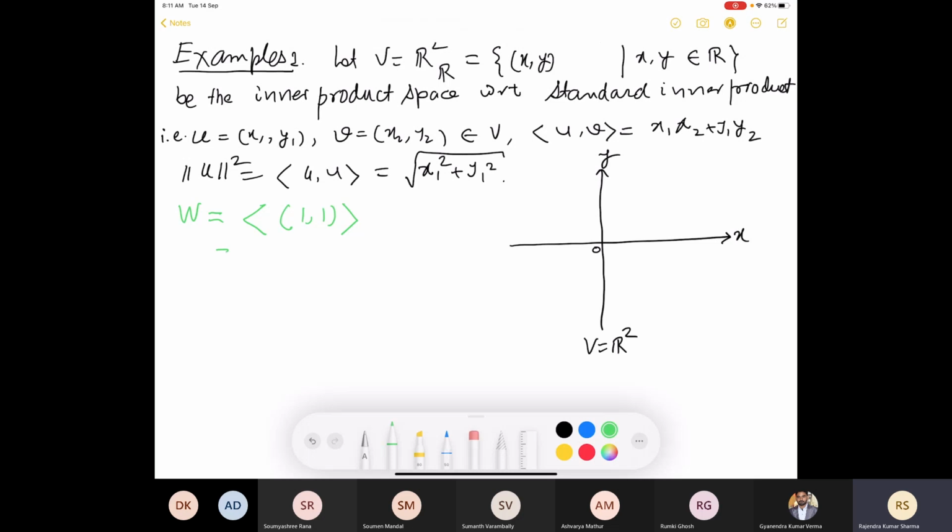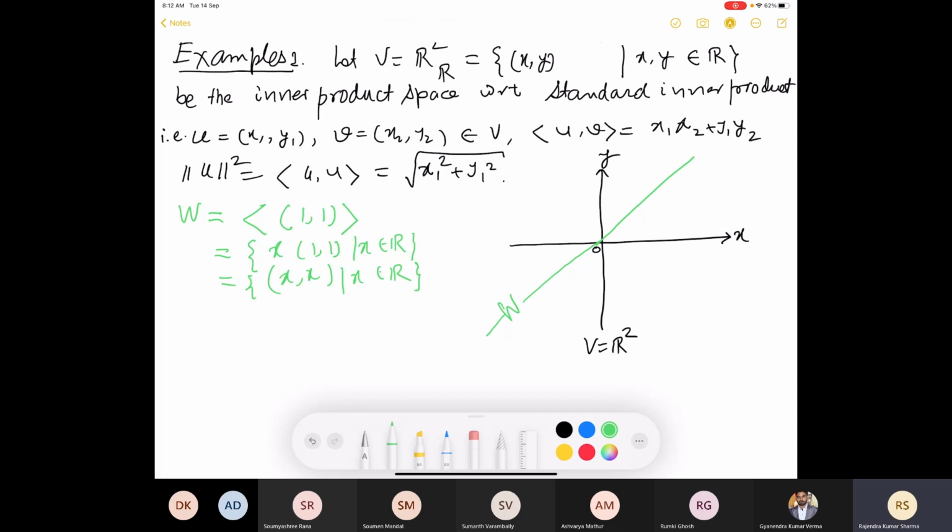This means that this is x times 1, 1 for every x in R, and this means that this is x, x for x in R. So this is a line that passes through the origin and this point. So this is your W.